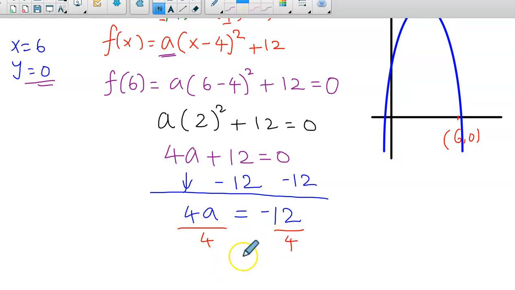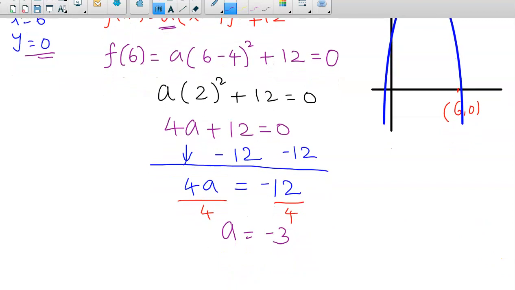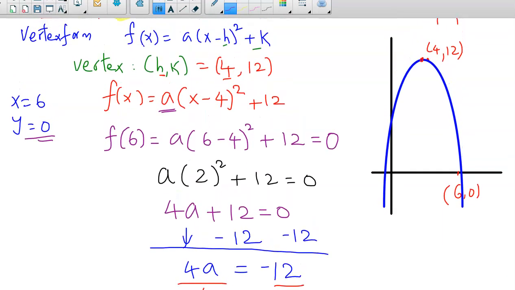So 4 and 4 cancel. Your answer is a equals negative 12 over 4. 4 divides 12 three times, with a negative sign. And you ended up getting the value of a. So a is equal to negative 3.